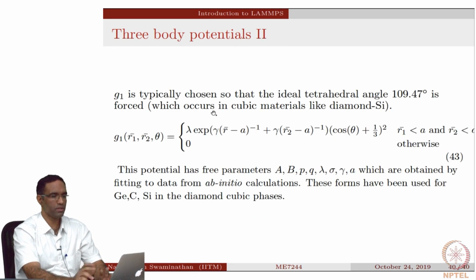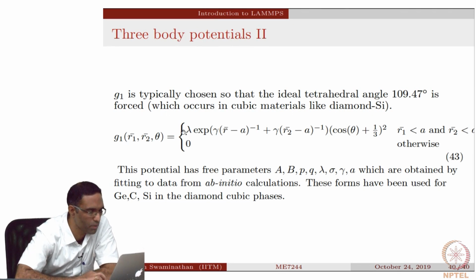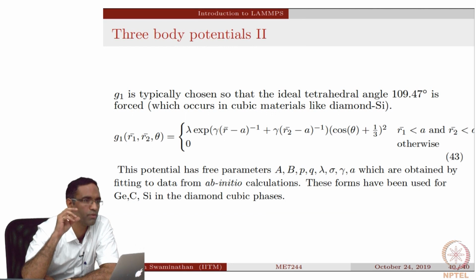and for silicon, diamond silicon, this potential is used a lot, and the form of the interatomic potential looks like this. There are additional parameters here, lambda, and then gamma, and then you have a (cos theta plus 1/3) the whole squared term. If you look at diamond silicon, if you know the structure of it carefully, it basically forms a tetrahedron.